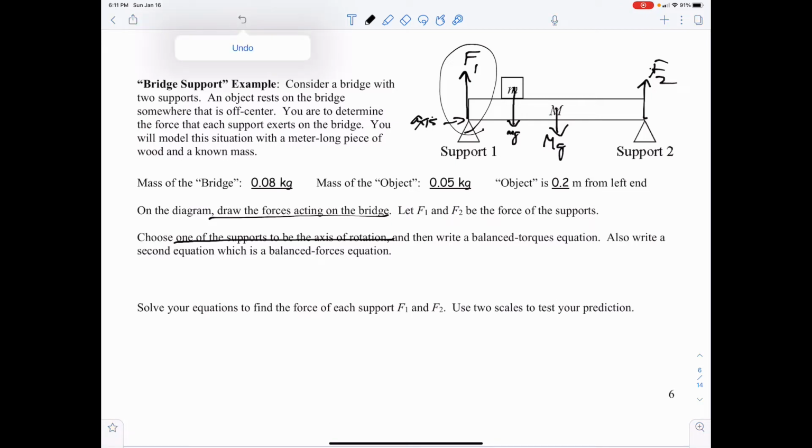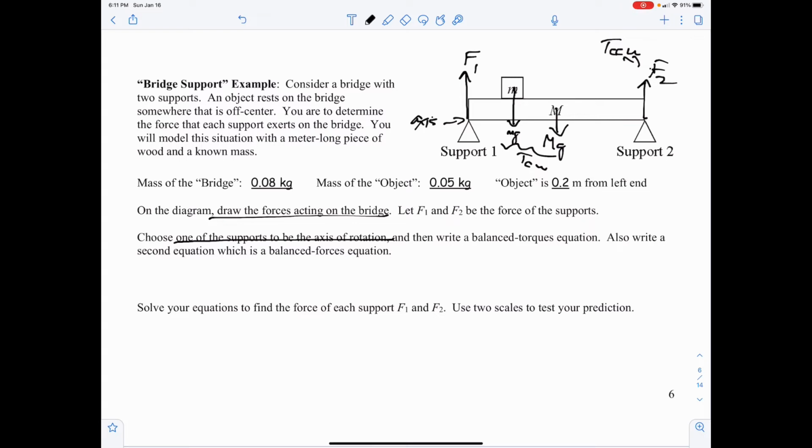But you do have, let me see, this and this would cause clockwise torques. This causes a counterclockwise torque. So we have one counterclockwise torque, and we have two clockwise torques.